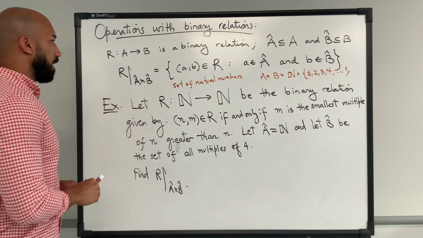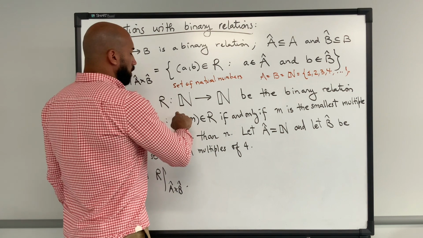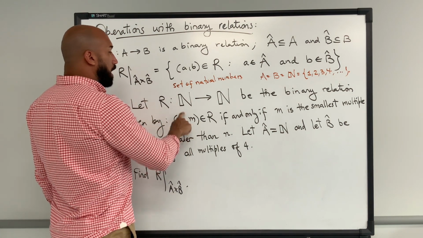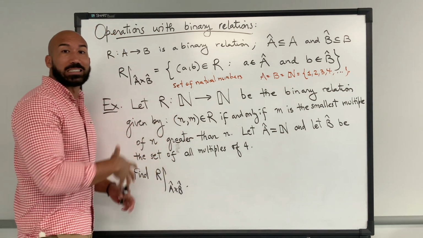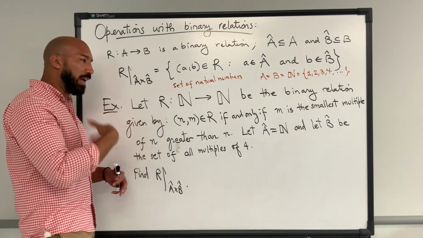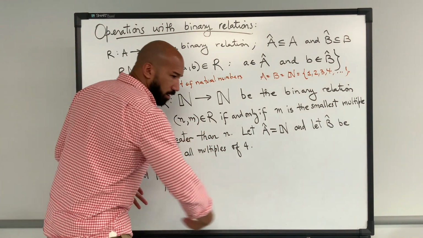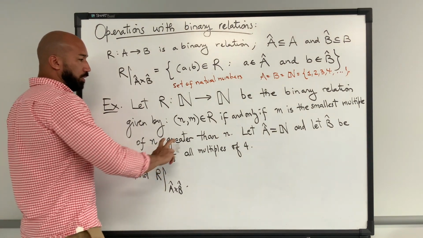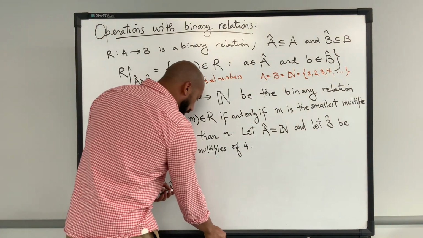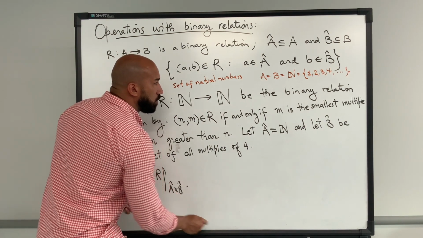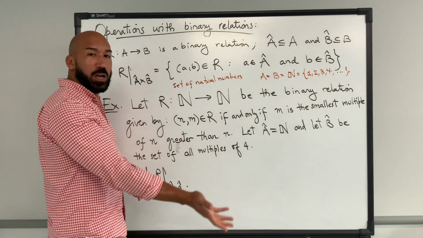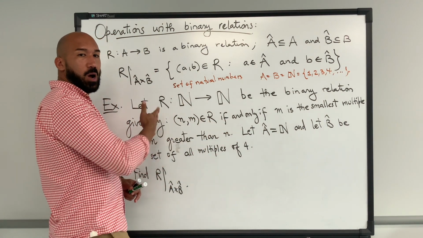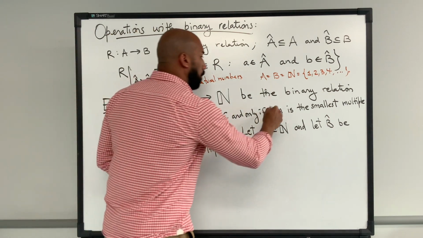All right. And so now we are not describing this binary relation extensionally as we did before. By extension, I mean that I'm listing all the pairs or the elements in the binary relation. Now what we are doing is describing this binary relation intensionally. So we are providing a property that only the pairs in our binary relation satisfy. And that property is this one.